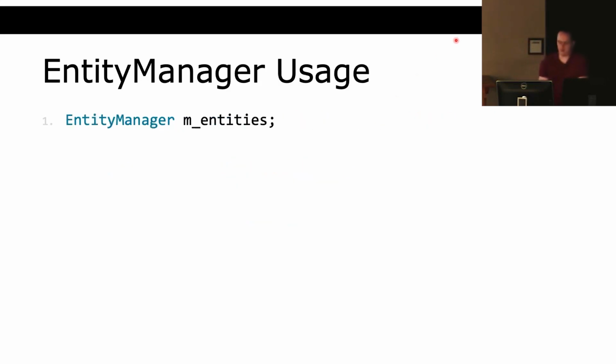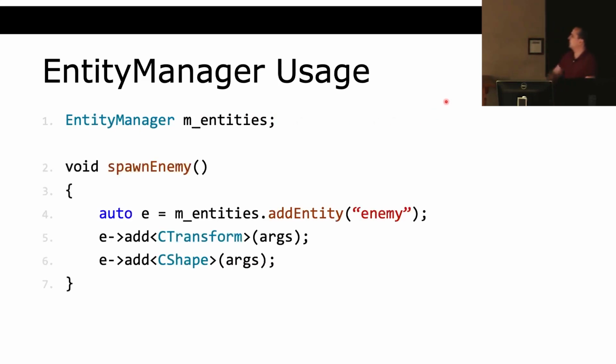So how would you then use this in practice in your code? Well, let's say somewhere in my game class, I've got this private member variable. We're going to call it m_entities. This is exactly how we're going to do it in assignment 2. And then somewhere, I'm going to want to create a new enemy, for example, right?